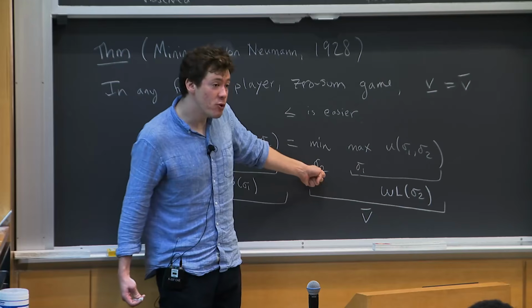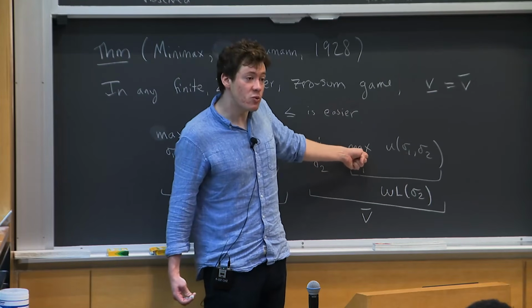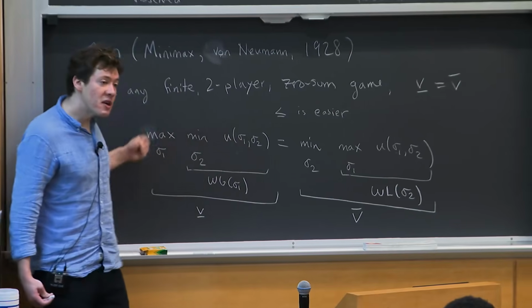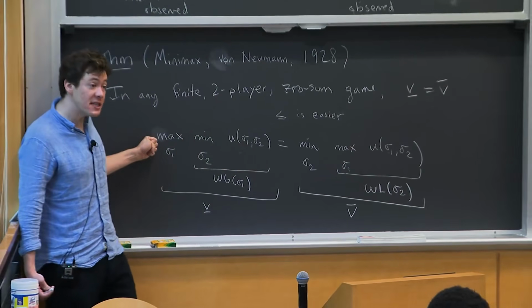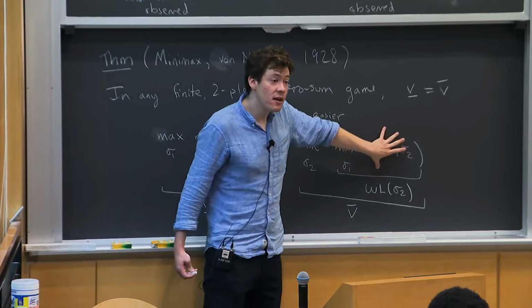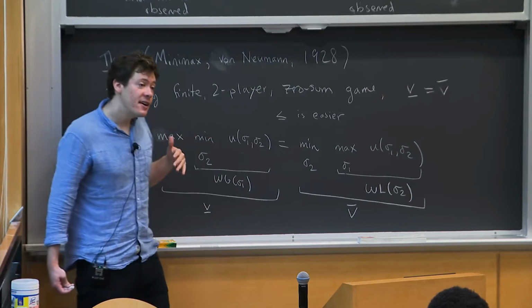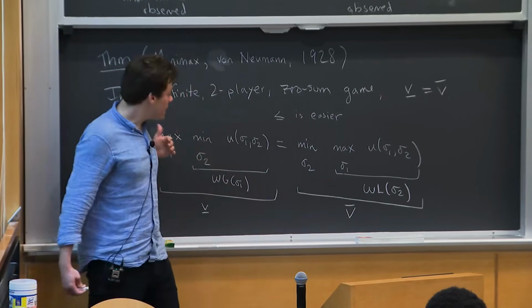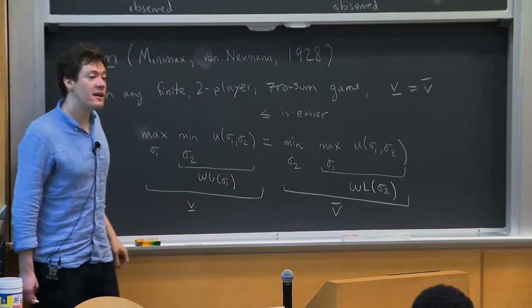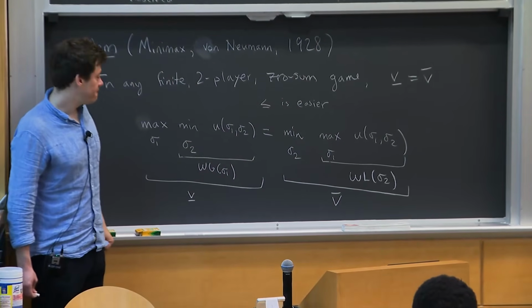And seeing player 2's move, player 1 then chooses what's optimal for player 1. So what we said is that, in general, we would expect that moving first for player 1 would be a disadvantage. And indeed, we showed that this is less than or equal to this. What von Neumann tells us is that if we play optimally, in fact, it's not a disadvantage at all. It's going to do exactly as well as if the other player moved first.